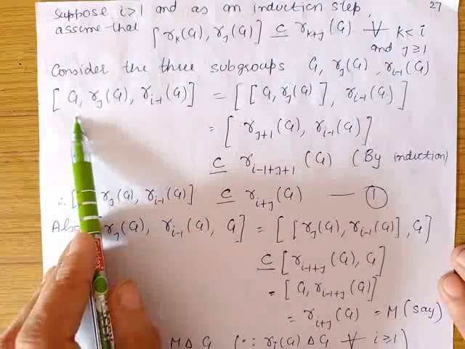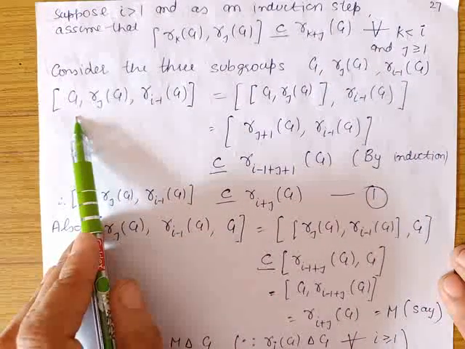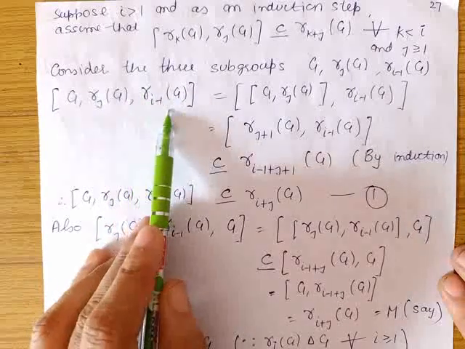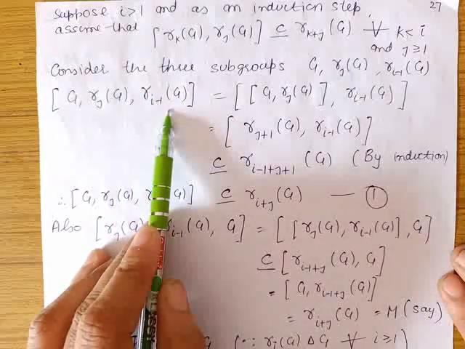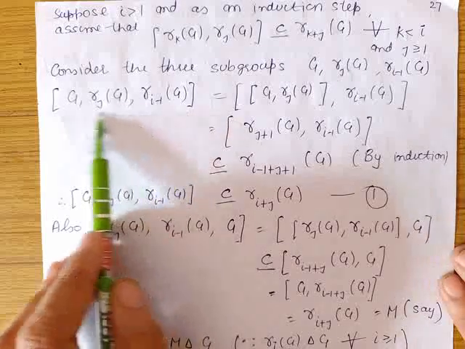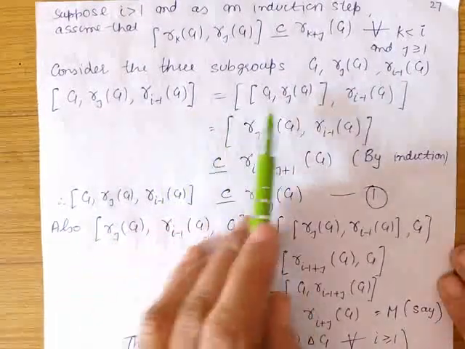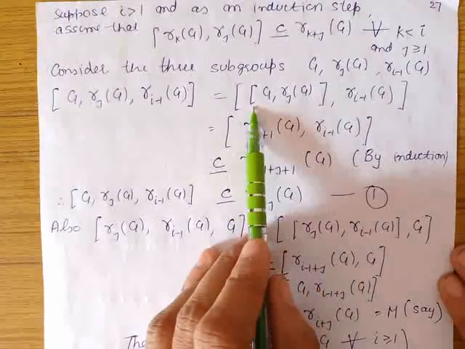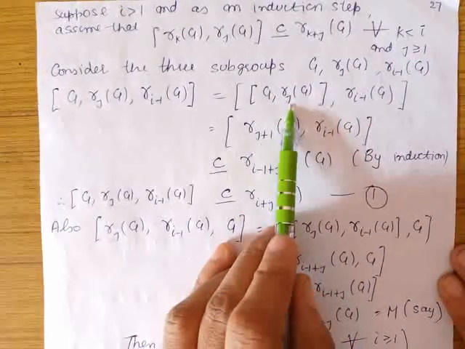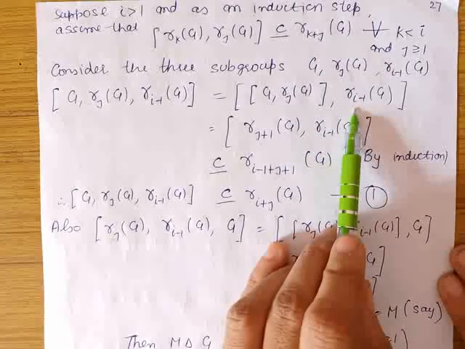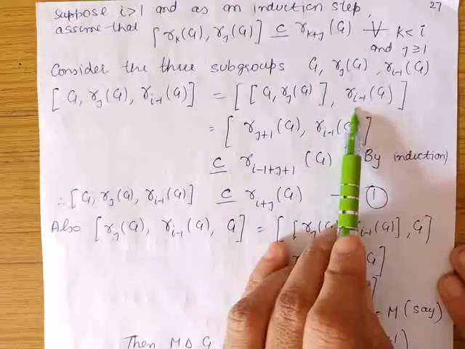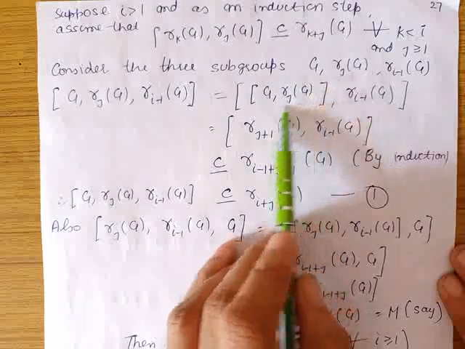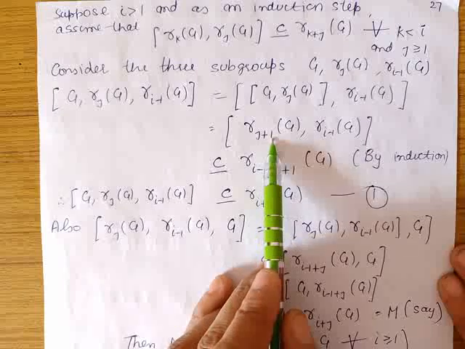Now let us find the commutator of G, γ_j and γ_{i-1}. Now by definition, the commutator of three subgroups of G can be written as the commutator of G with γ_j, then its commutator with γ_{i-1}. Now by definition of the lower central series, this is γ_{j+1}.